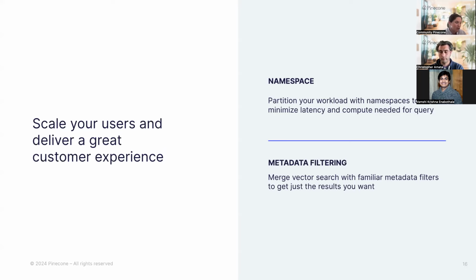Namespaces in particular are extremely powerful. They help partition your workload into various tenants or classes or topics, however you want to split up your workload, and will isolate that segment of data within your index so that you can query by namespace. And this is also a really great feature and benefit when you're trying to build out these classification workloads.